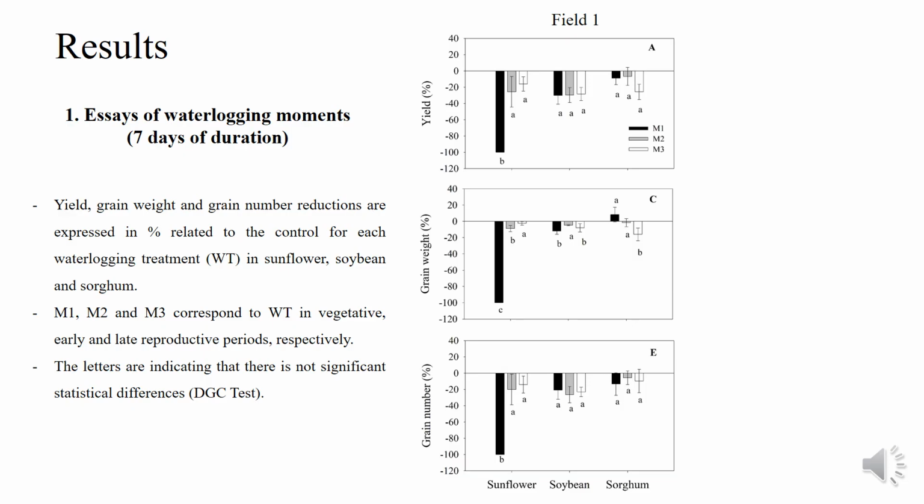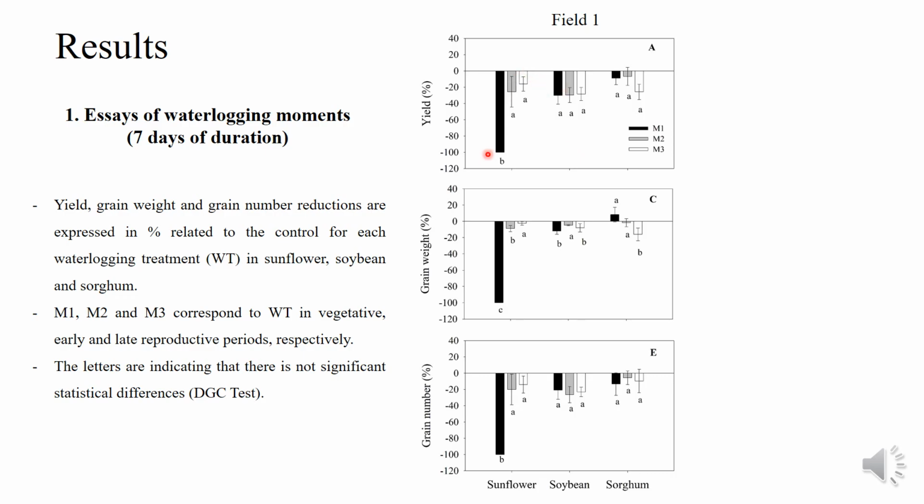We can see here for the field 1 experiment, we have two experiments in this section. In this case, this belongs to one of the years. We have yield, we have grain weight, and we have grain number. All the values are presented as a percentage of the reduction of control treatment. So that's why we have a percentage.